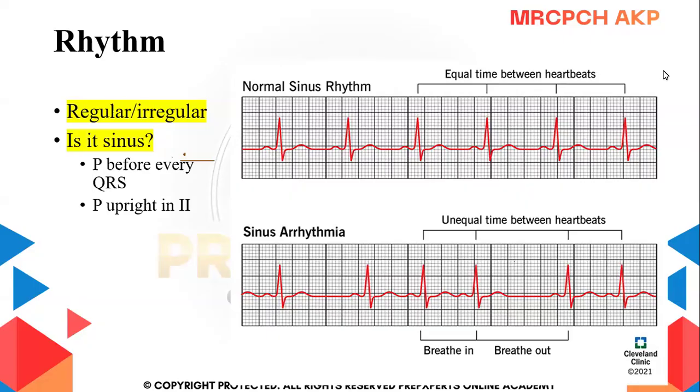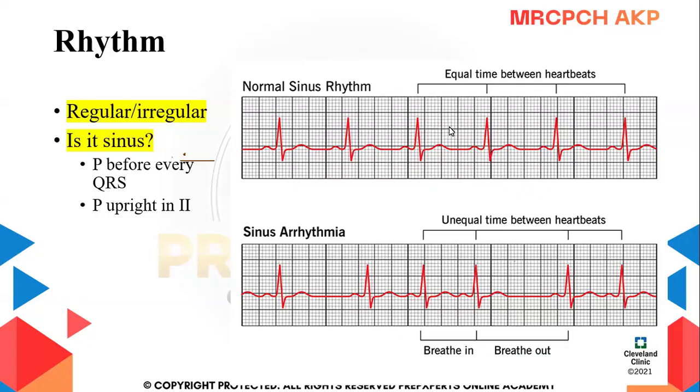Okay. So I'll tell you what is a regular ECG. If the number of boxes is equal in between these two R waves. For example, like here we are having 1, 2, 3, and 4 boxes, right? So again, the distance between R seems to be equal to me. 1, 2, 3, 4.